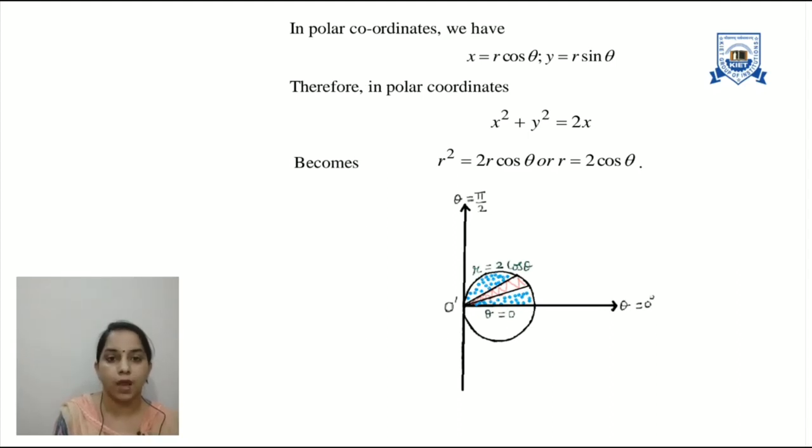So here we have variable limits for r and constant limits for theta. After changing the coordinates from Cartesian to polar, we will first integrate with respect to r and after that with respect to theta, because we always integrate first with respect to the variable limit and after that with respect to the constant limit.